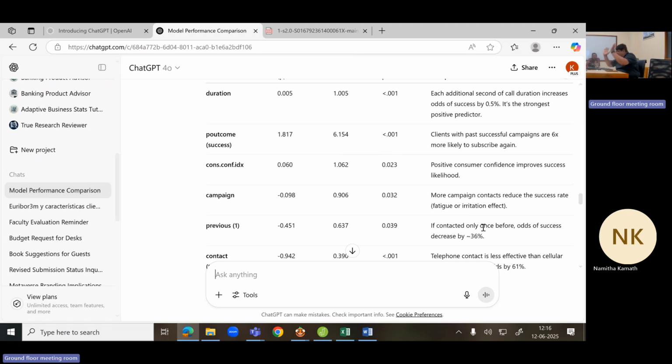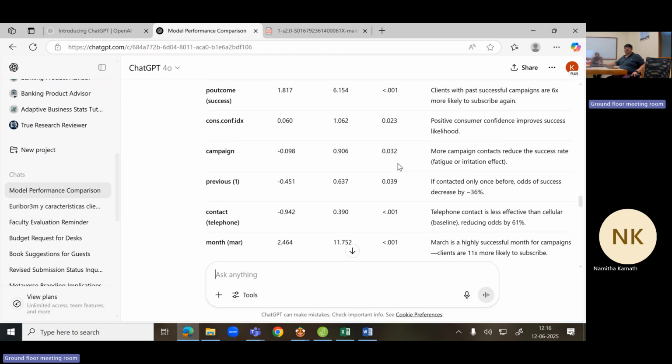This helps you in getting the visual. Customers with past successful campaigns are 6x more likely to subscribe again, 6 times. Positive consumer confidence improves success likelihood. More campaign contacts reduce the success rate, because of fatigue or irritation effect.